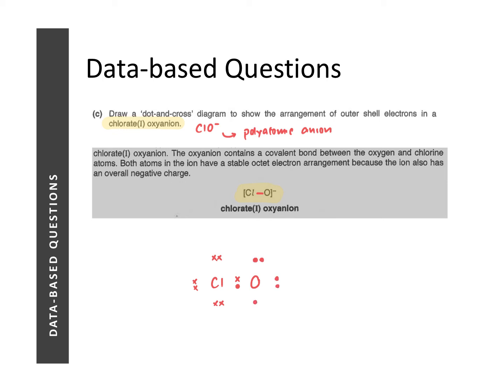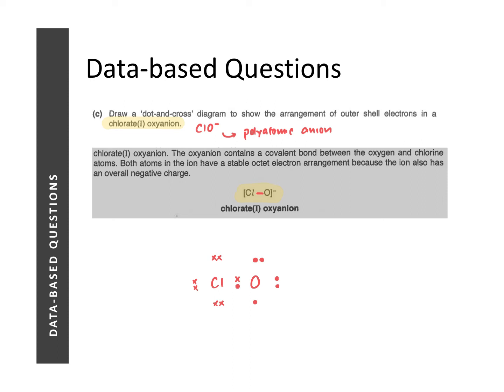Now if you look at the dot and cross diagram, you would notice that chlorine already has a fully filled valence shell, a stable octet electron arrangement. But if you look at oxygen, it doesn't. It only has 7 electrons.